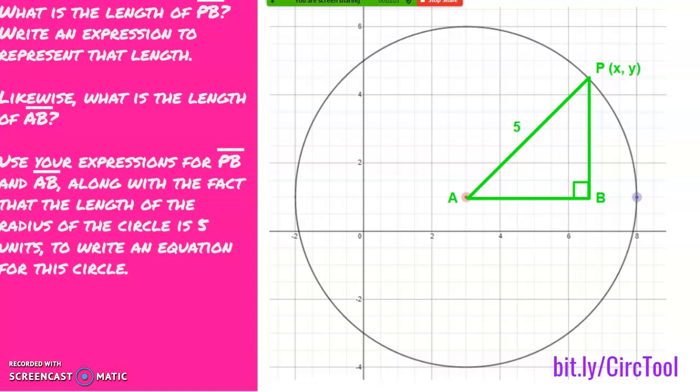Okay, line segment PB. What is the length of line segment PB? Write an expression to represent that length.